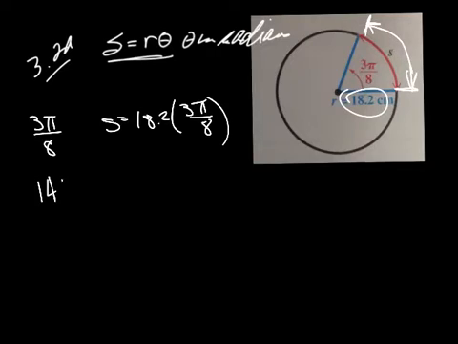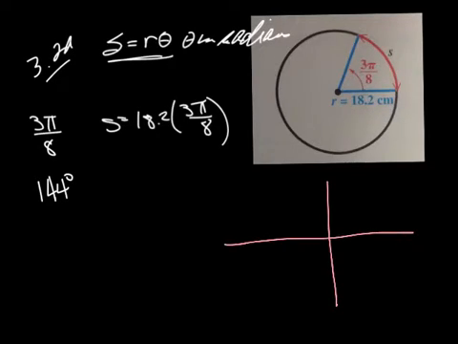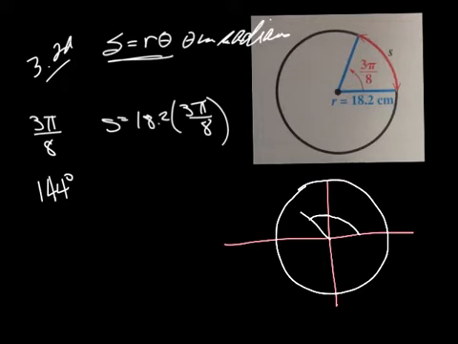If I give you 144 degrees and I'm asking you to come up with how long the arc is, let's get rid of some of the stuff here. So instead of 3 pi over 8, I give you 144 degrees. In fact, let's just go ahead and make our own circle. Okay, good circle. So we've got 144 degrees right there.